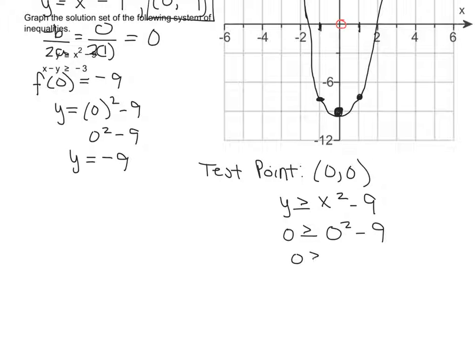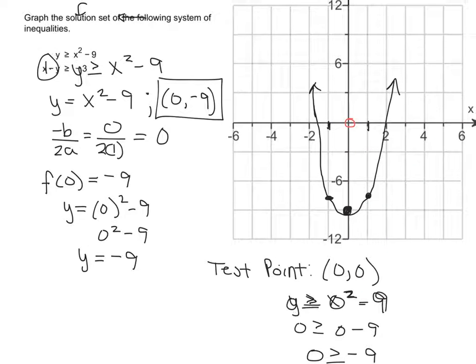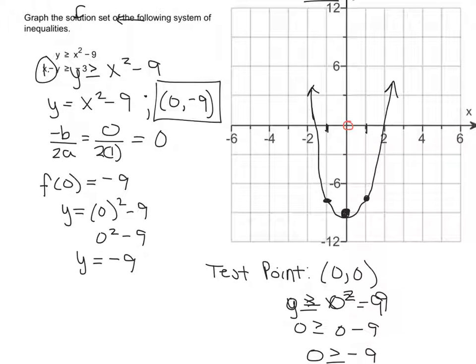So I have 0 is greater than or equal to 0 minus 9, and that 0 is greater than or equal to a negative 9. That is true, so that means point 0, 0 is going to be included in my graph. So I'll shade inside the parabola.